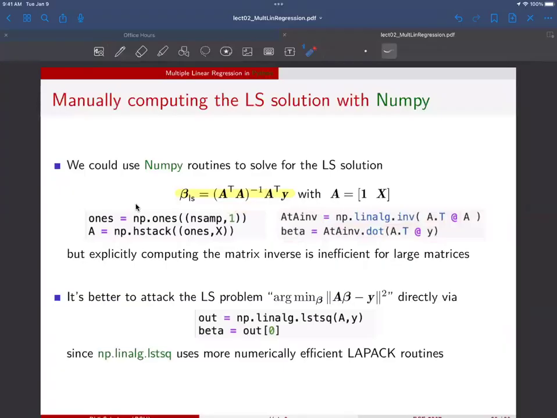The trouble with that is that it's not the most efficient technique in terms of numerical linear algebra, because you end up wasting unnecessary computations building this matrix and inverting it and so on. So there's a smarter approach, which is to use the least squares command within the linear algebra library of NumPy.